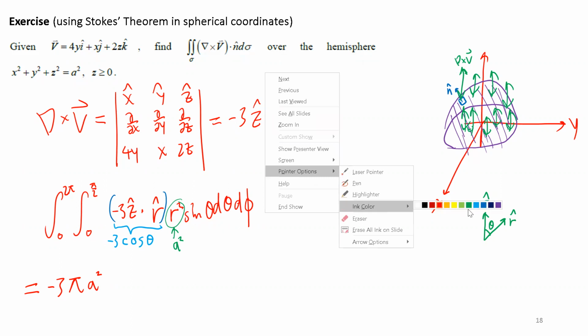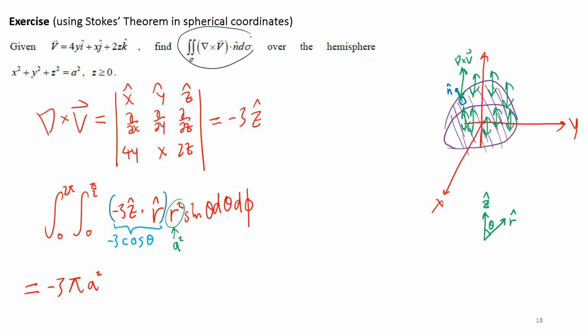This is equal to this line integral, where C is this path, because C forms the boundary of the surface.